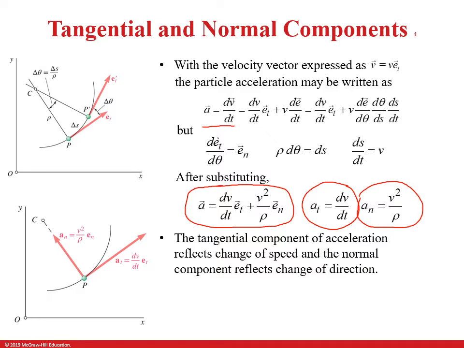So we can say the derivative of speed with respect to time in the tangential direction plus speed times d e sub t dt. And that would further equal dv over dt in the tangential direction, and we can break this into de d theta, d theta ds, ds dt. And s is our arc length. So delta s is the arc length here. Delta theta equals delta s over rho.